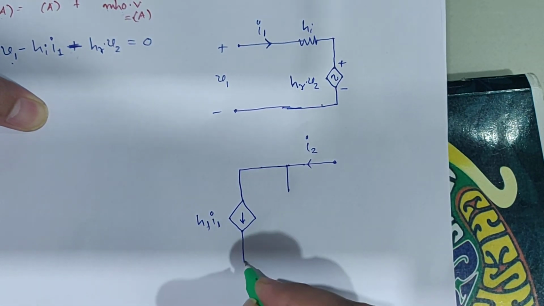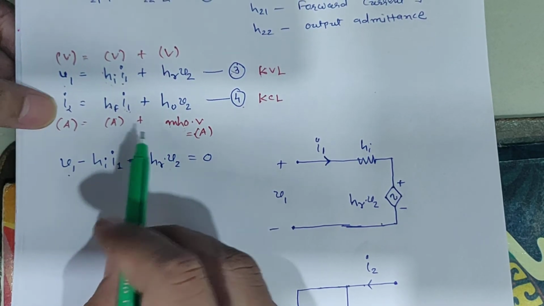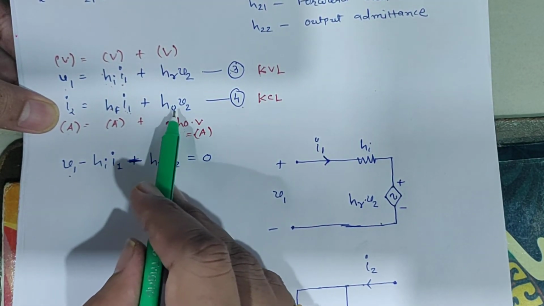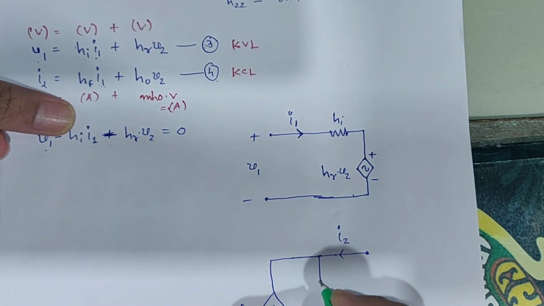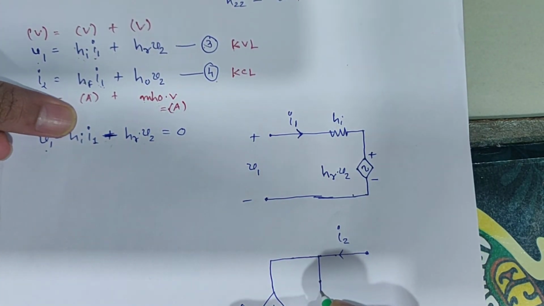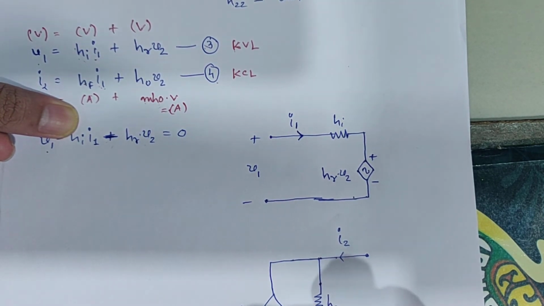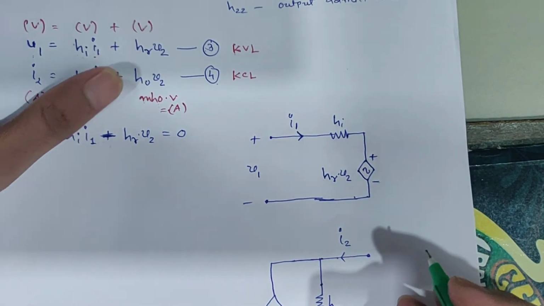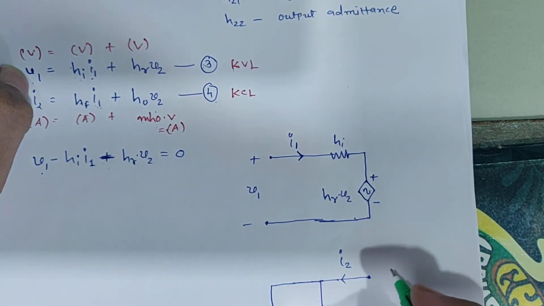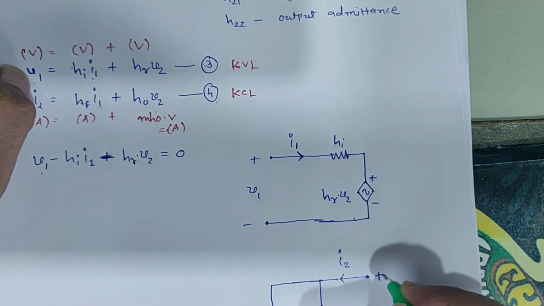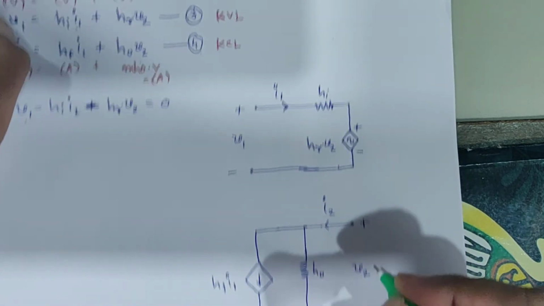The second branch is HO into V2. This is another current flowing in this direction, having an admittance of HO, and the voltage applied to this terminal is V2.